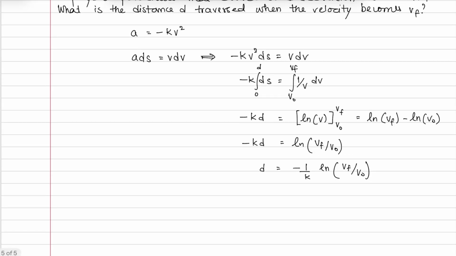So the distance covered to go from a speed of v0 to vf is given by this.